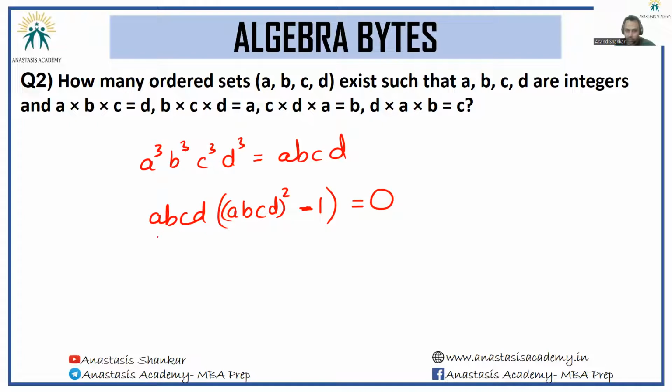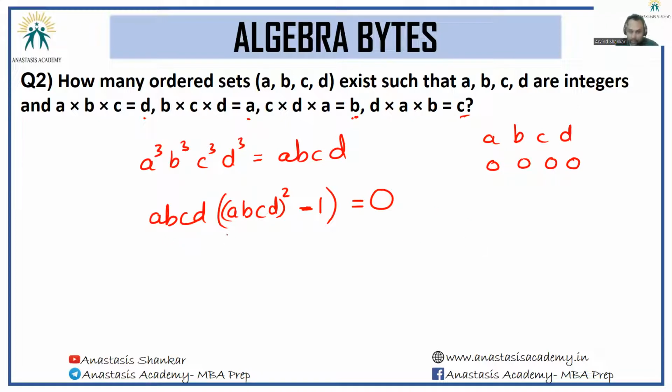Okay. So now either ABCD itself is equal to 0. And when you say ABCD is equal to 0, given that all of them uniformly come on the right hand side, one possible case would be when all of them are 0. This is an acceptable case.